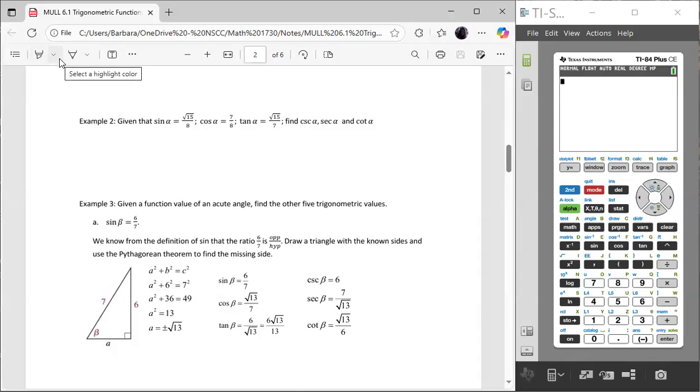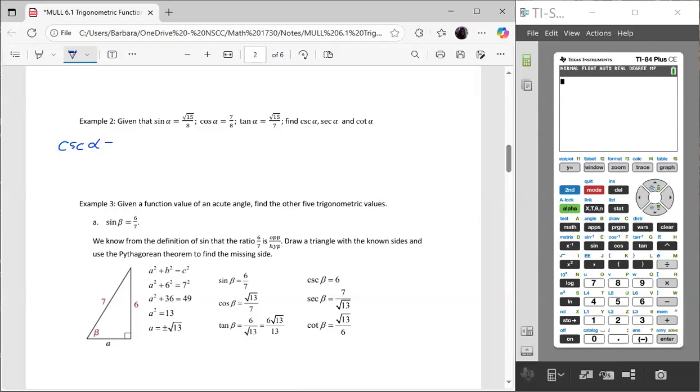Given that the sine of alpha equals the square root of 15 over 8, and cosine of alpha equals 7/8, and tangent alpha equals the square root of 15 over 7, we're going to find the cosecant alpha, secant alpha, and cotangent alpha.